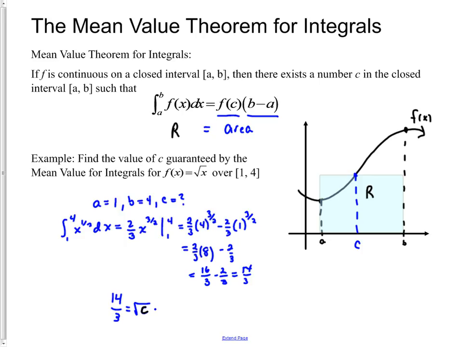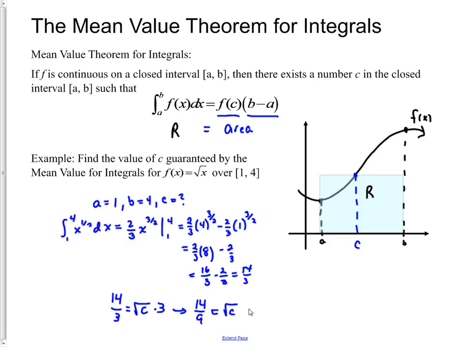So that will be square root of c times 3. All right, we're going to do a little bit of solving. So when we divide by 3, of course, we're going to get 14/9 is equal to our square root of c.